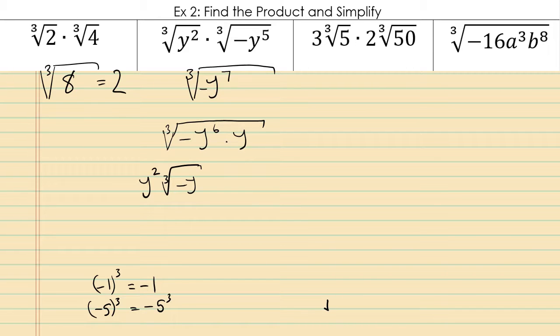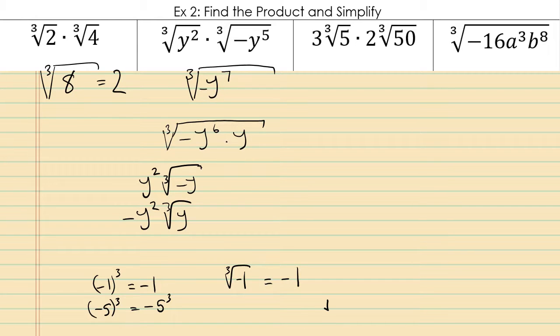Just like a negative can go outside of a parenthesis with an odd exponent, in this case, with the cube root, a negative can also be taken outside. That means cube root of negative 1 is equal to negative 1. So we will take the cube root of negative 1 in front of the y, and that will give us negative y squared cube root of y.